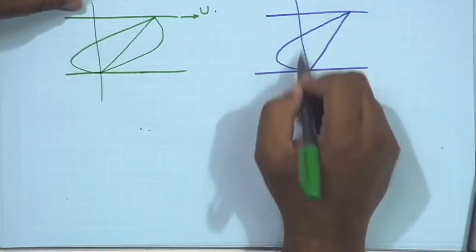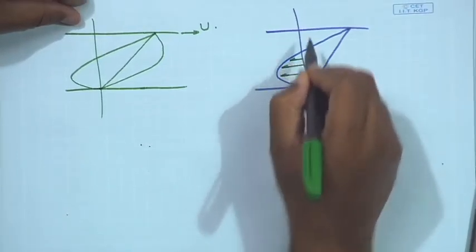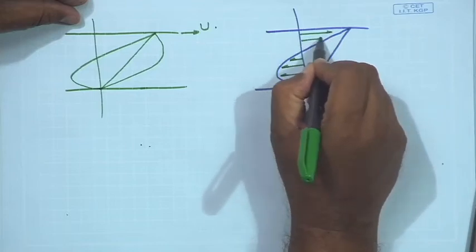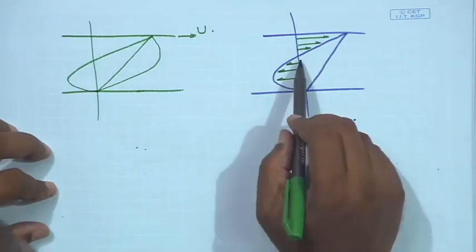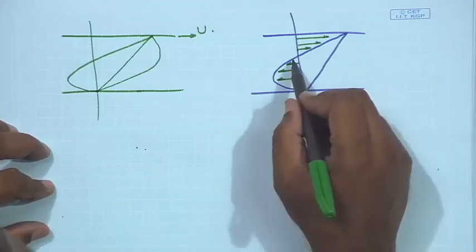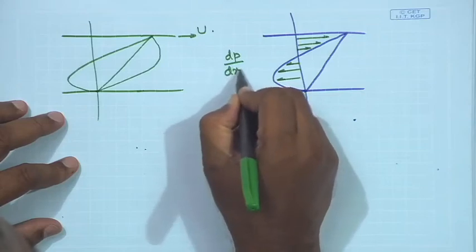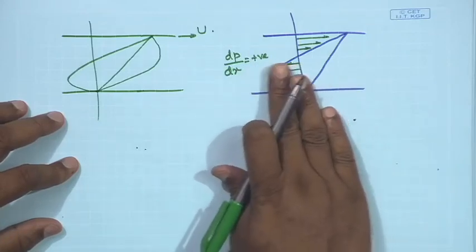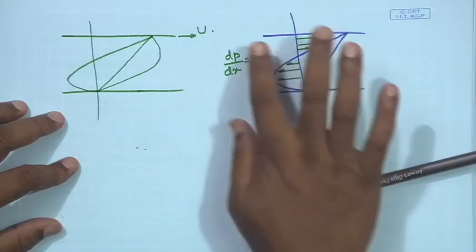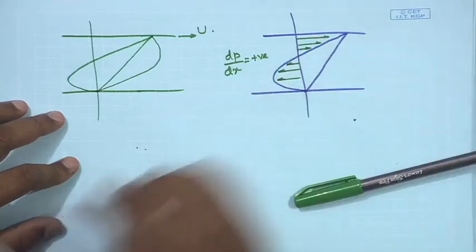Partly the flow is in this direction, and here the flow is from left to right. This is a unique case where the pressure gradient is unfavorable, that means dp dx is positive, and towards the bottom the liquid is flowing in this direction, while towards the top, due to the Couette flow, the fluid is moving in the right direction.